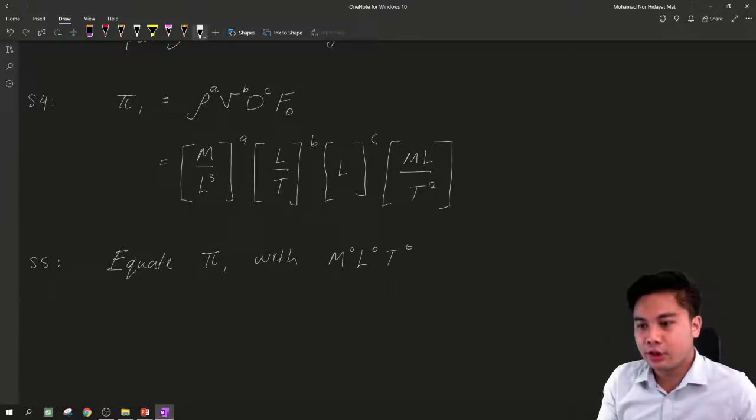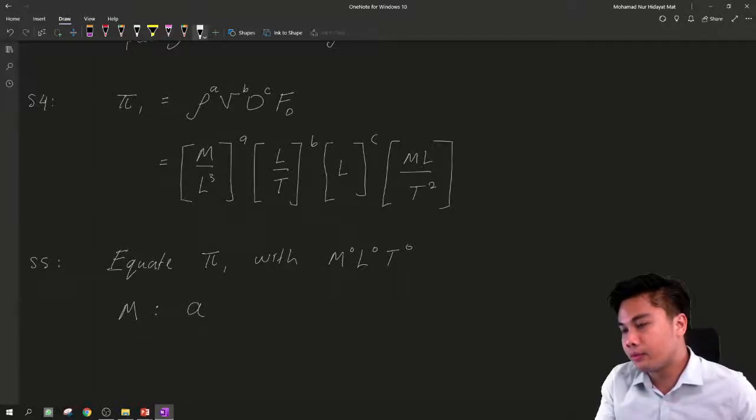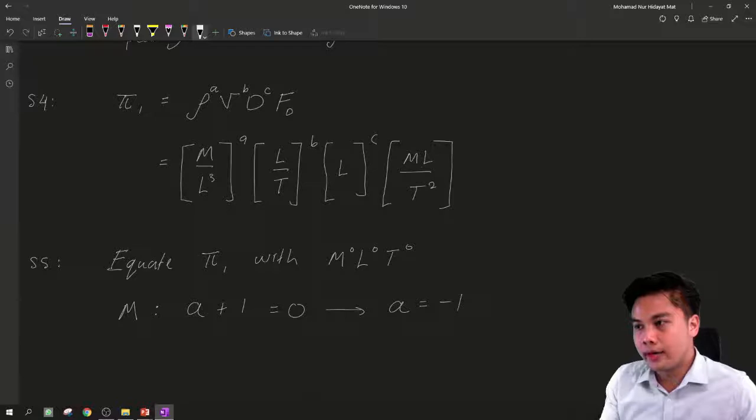So let's take a look at M first. M to the power of a, which is a. We have 1 plus 1 here, equal to 0. Finally, it turns out that a is equal to -1.